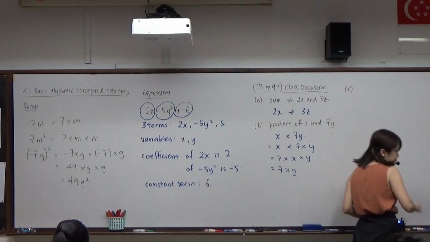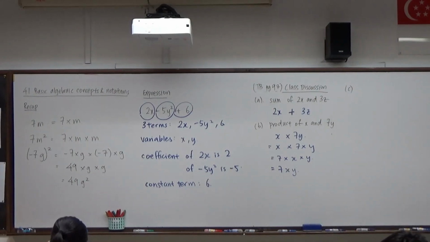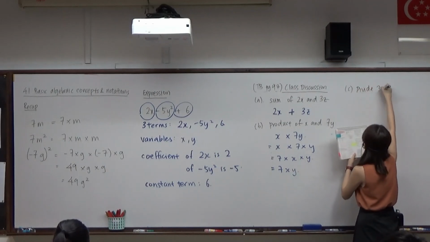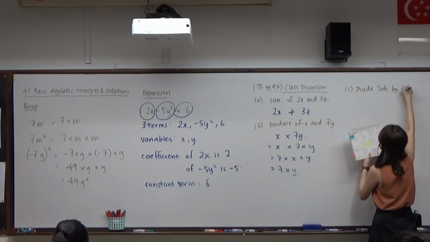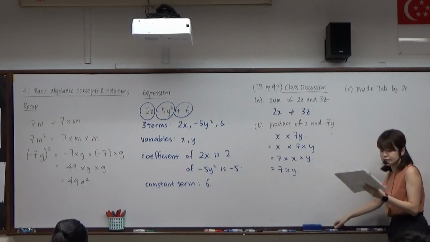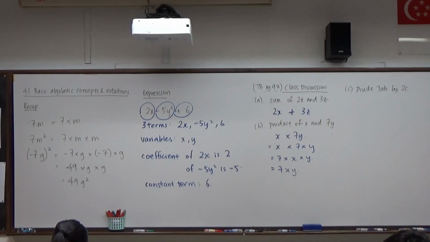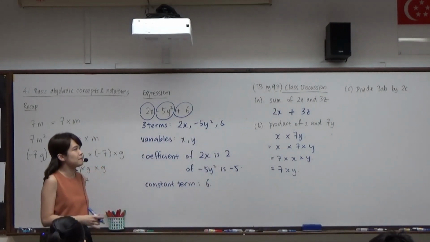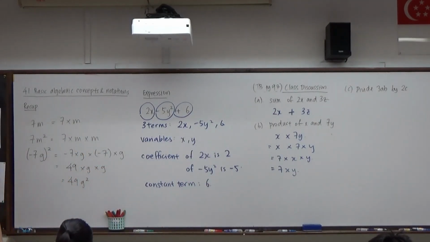Next, part C. We want to divide 3ab by 2c. So how will you go about expressing this, Joel? How will you write this? Divide 3ab by 2c.